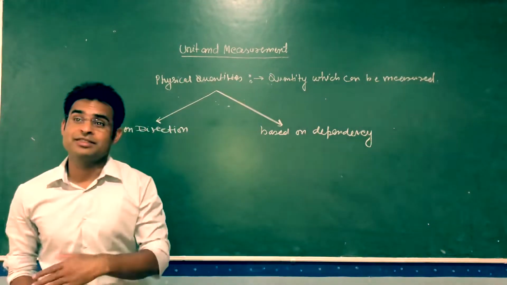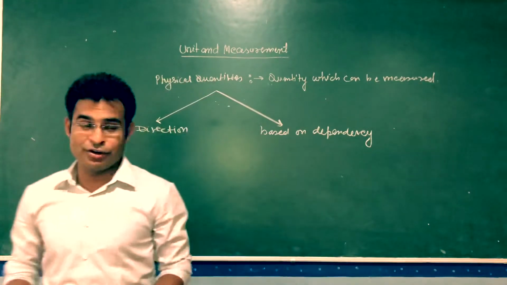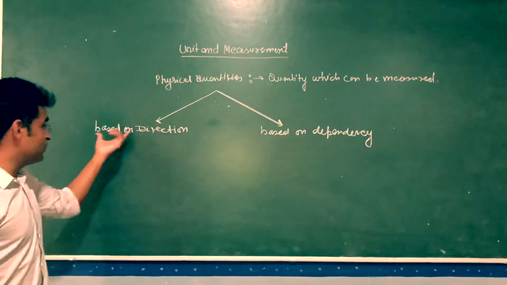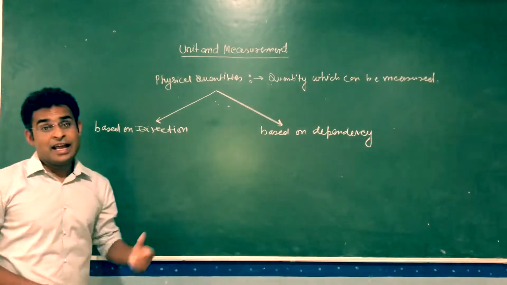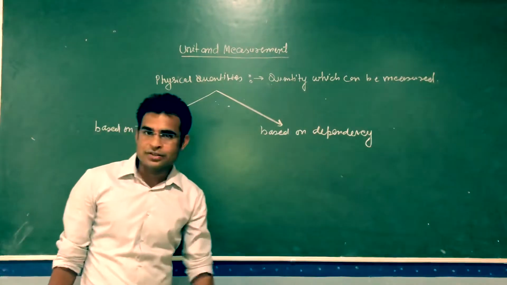Based on direction means whether the quantity has a direction or not. Based on dependency means how many other things the quantity depends on.